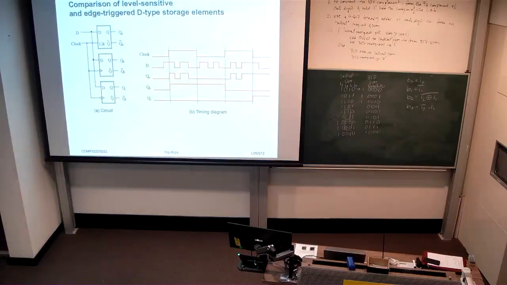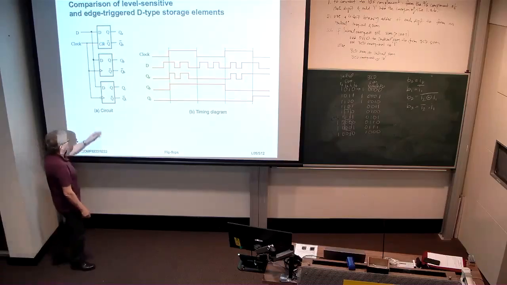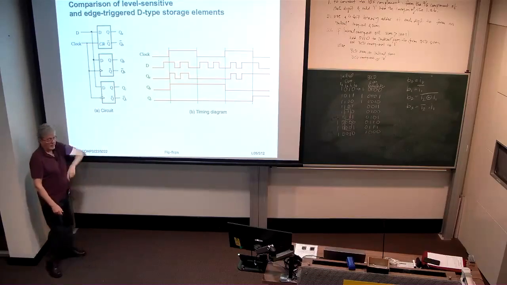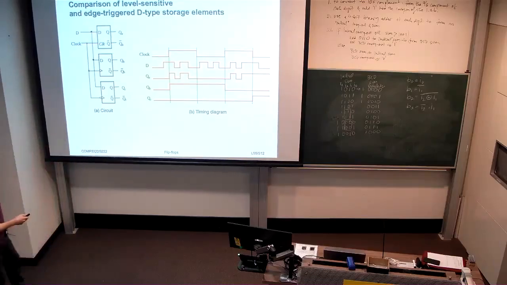So, looking at these 3 devices, we have the D-type latch, which has just got clock labeled here. We have a positive edge-triggered D-type flip-flop, which has a notch there, and we have a negative edge-triggered D-type flip-flop at the bottom. The response of those to the input curve of D here with that clock signal is that the latch, QA, is going to be transparent while the clock's high.